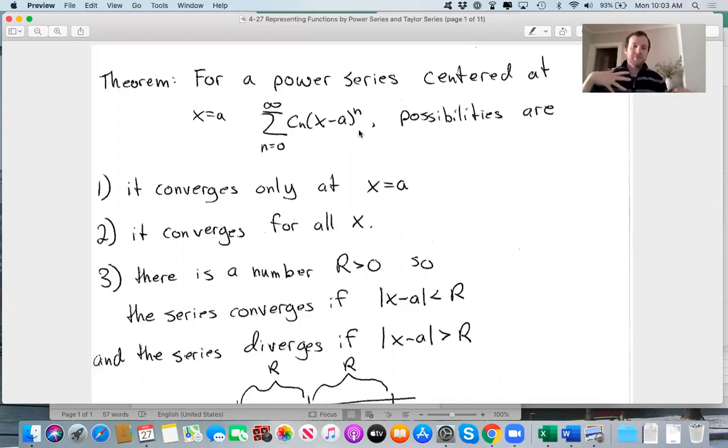So what we've seen about these power series is that the first question you can ask after they're introduced is, what x's make them converge? So if you pick a specific x, then this becomes a numerical series, and you can ask if that converges or diverges.